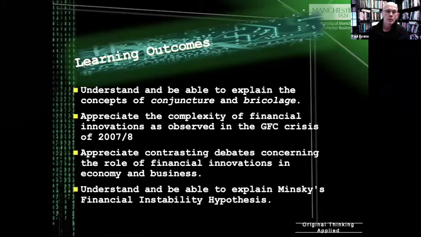Then we moved on to bubbles and crisis. The learning outcome here was to be able to understand and explain the concepts of conjuncture and bricolage, which is a difficult one, I know. For the benefit of the doubt, conjuncture is a portmanteau word between conjoin and junction.